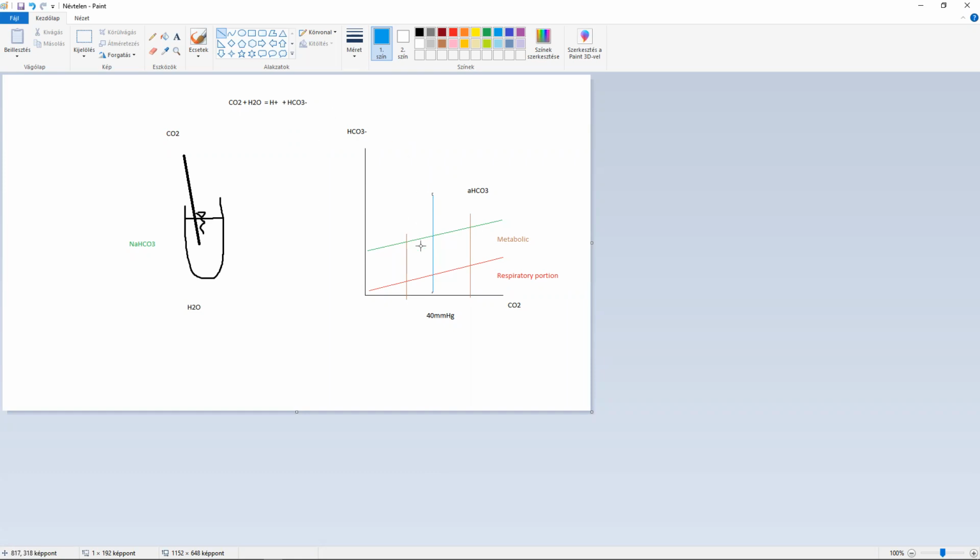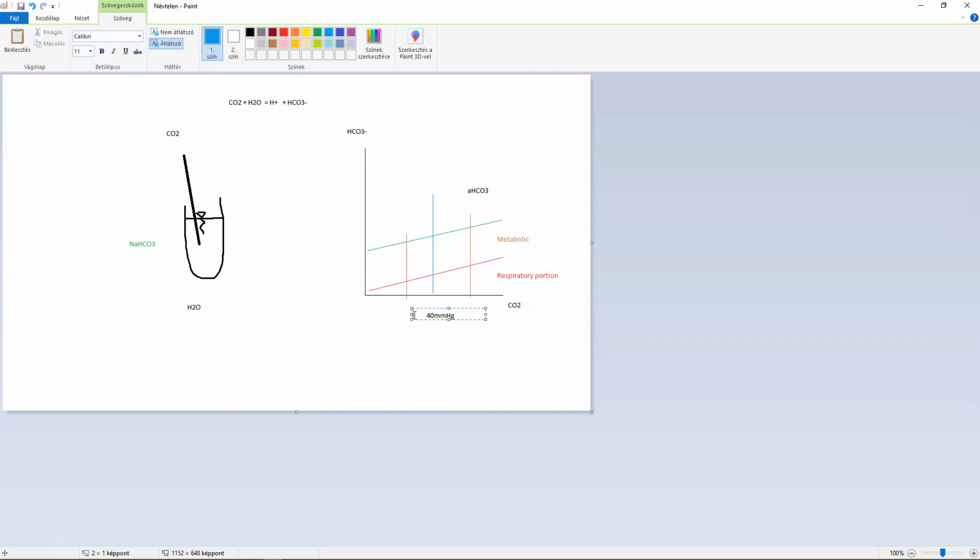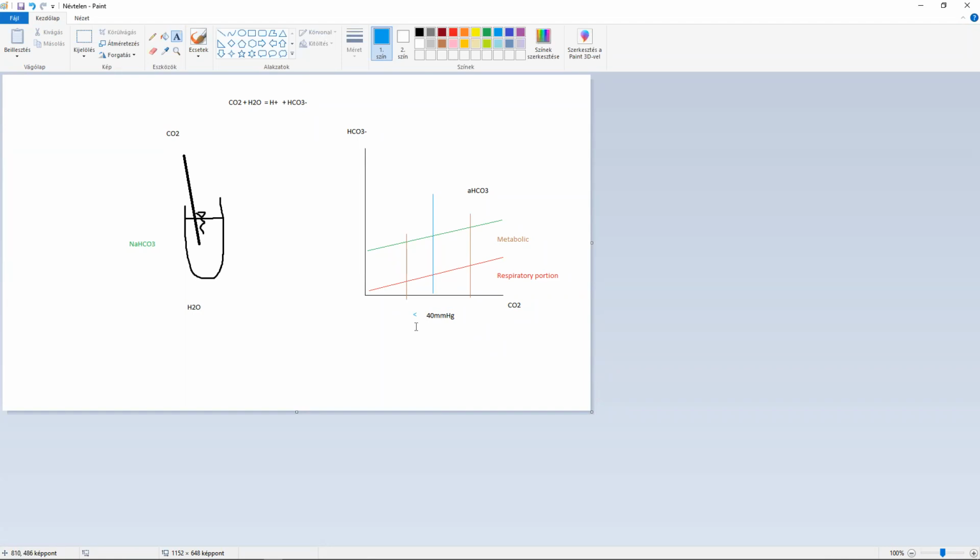All right. So this is why they set the PCO2 value to 40. Now, this is going to give you another important thing. If the CO2 value is less than 40, what does it mean?